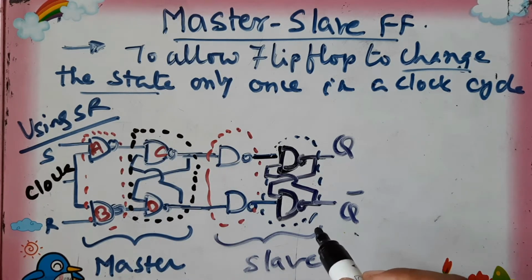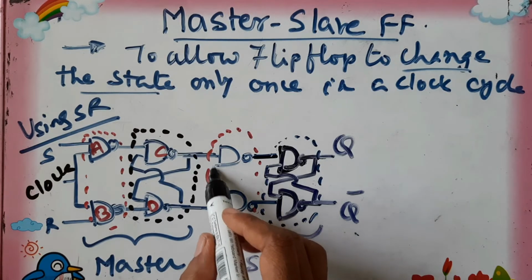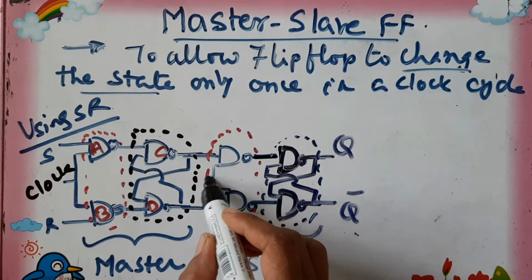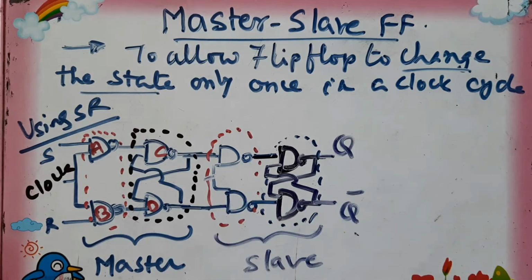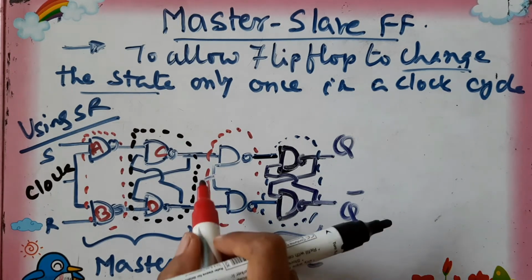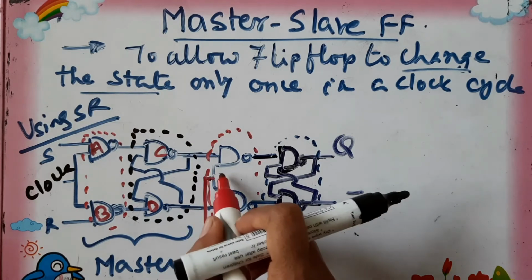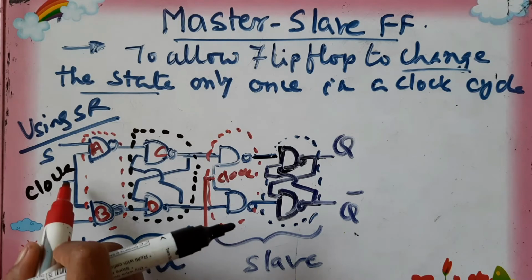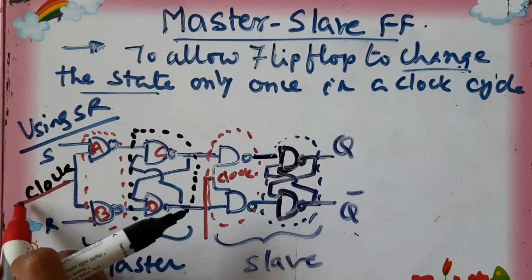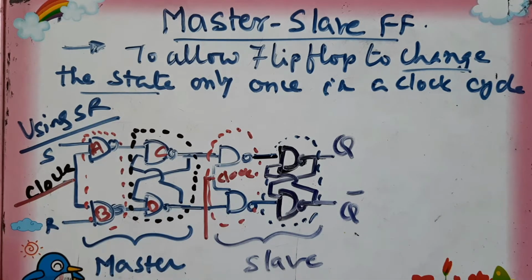Now how will the difference be made? See here, we need to apply the clock over here. This is the clock for the slave. The difference is that the clock to the master is given as it is.